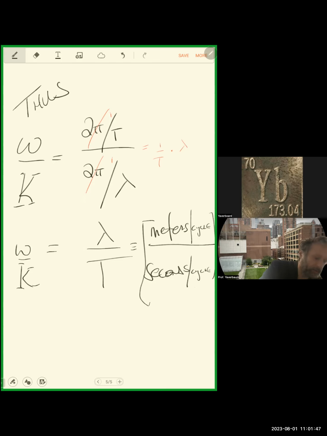I'm just writing the full cycle out to be explicit, to remind you what we're saying. But what we're saying is omega over k is the number of meters from crest to crest per the number of seconds it takes to get from crest to crest, right?